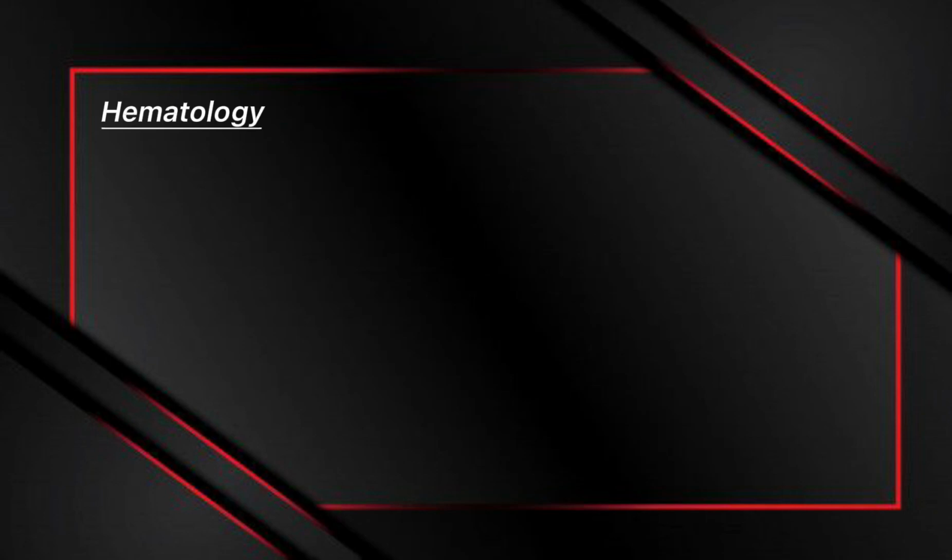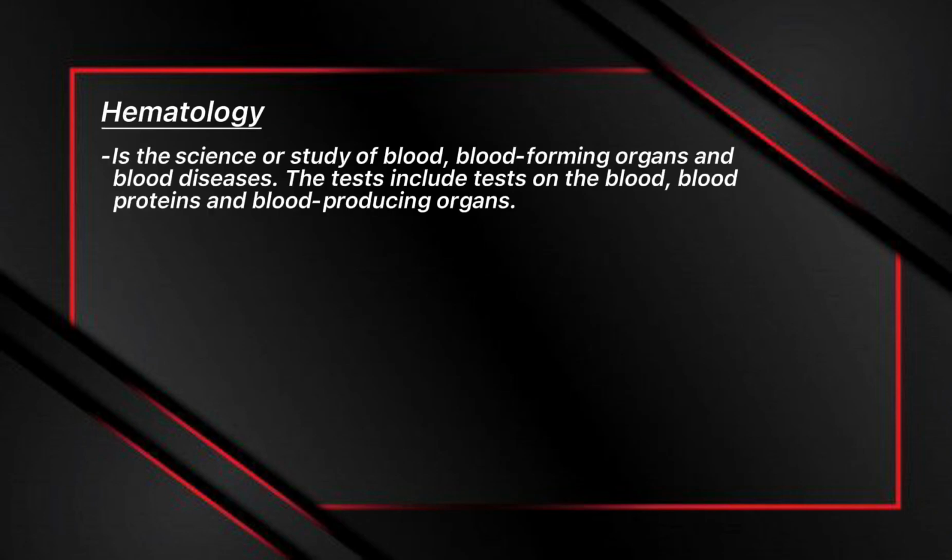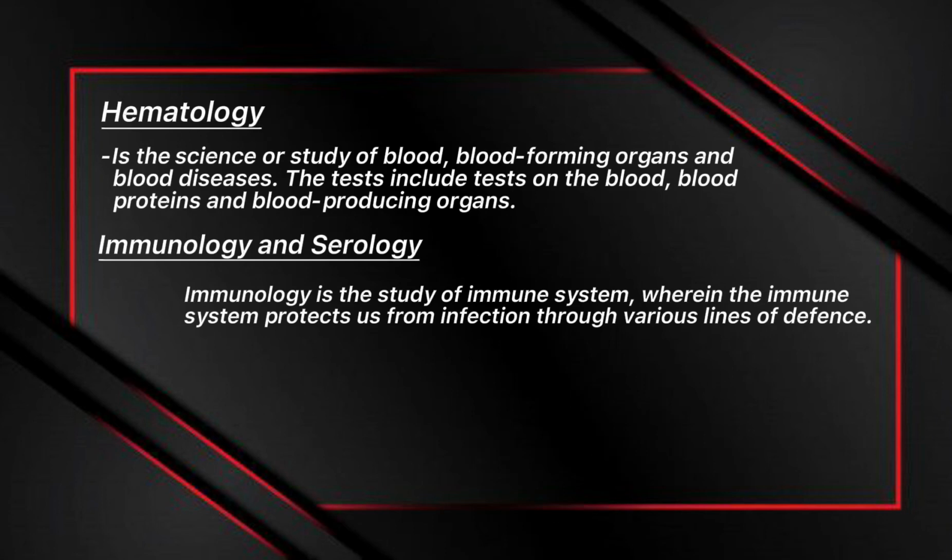Hematology. Hematology is the study of blood-forming organs and blood diseases. The tests include tests on the blood proteins and blood-producing organs. Last, immunology and serology. Immunology is the study of the immune system, wherein the immune system protects us from infection through various lines of defense.